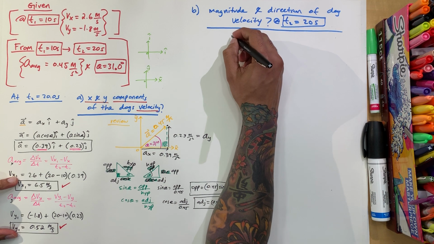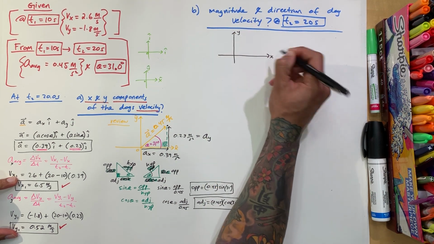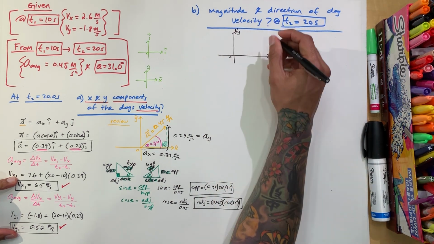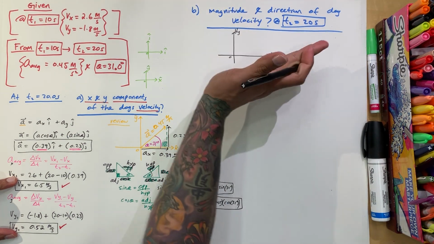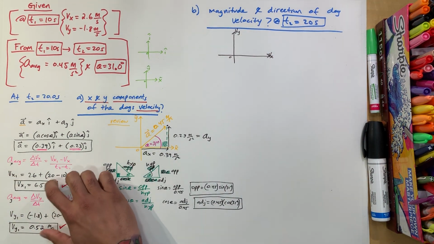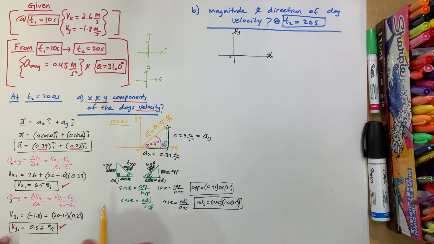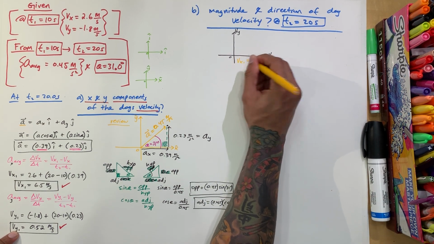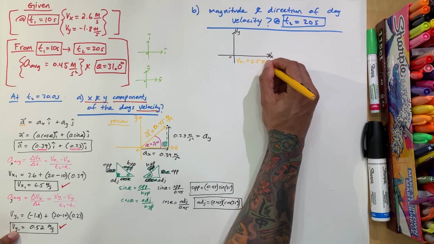We have this graph here, Y and X. This should actually be Vy and Vx, so velocity in the Y, velocity in the X. What we found here is Vx1, which is 6.5 meters per second.